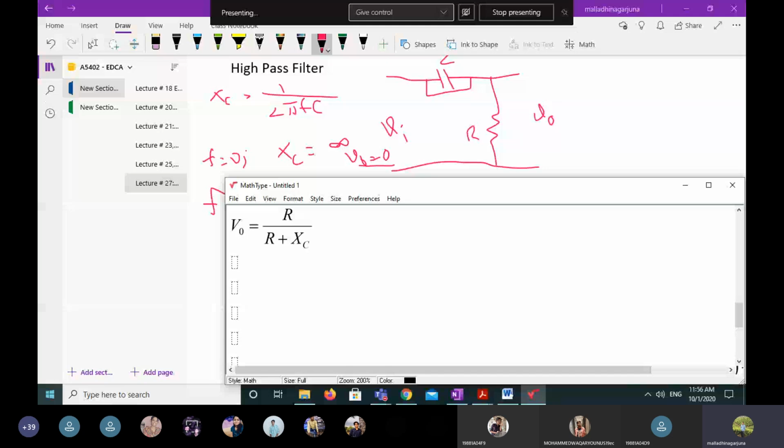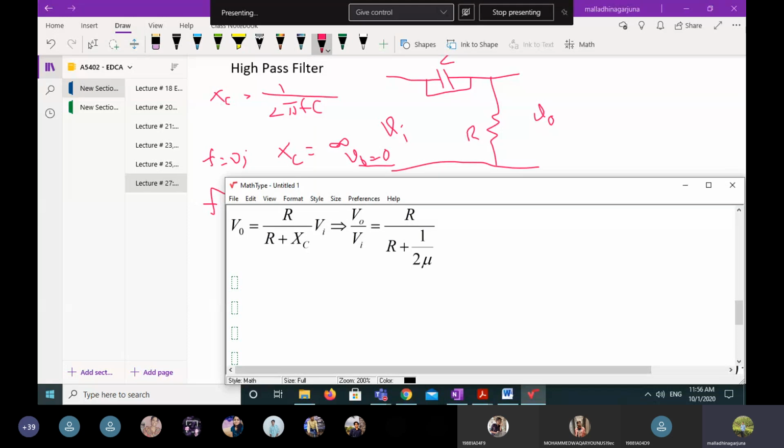So that implies V naught divided by Vi equals R by R plus XC. What is XC? 1 divided by 2 pi fC. So the reactance is equal to 1 by 2 pi fC, right?